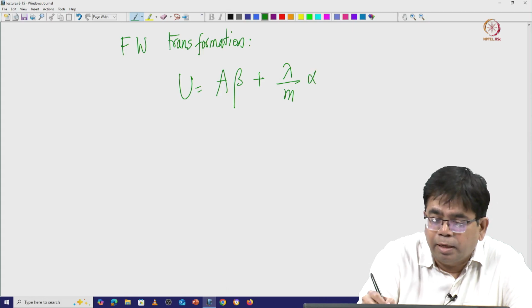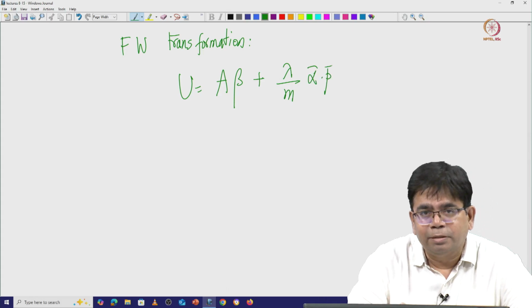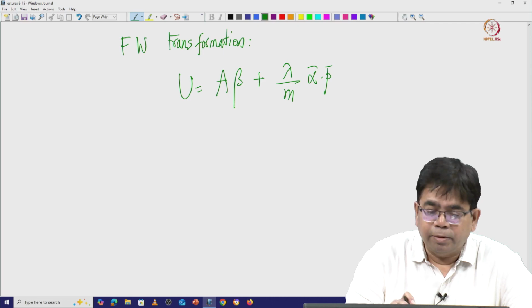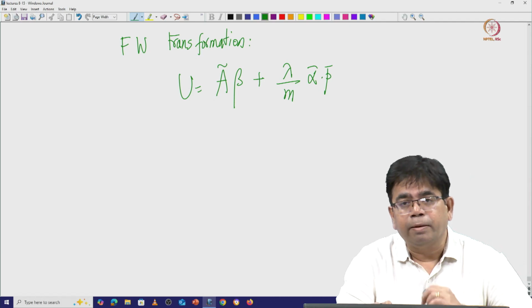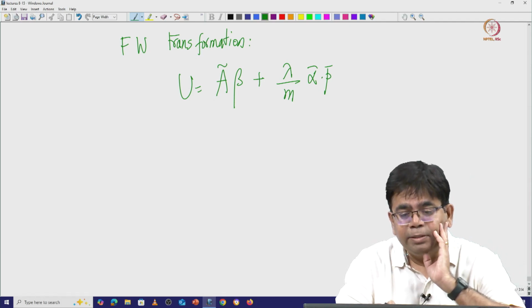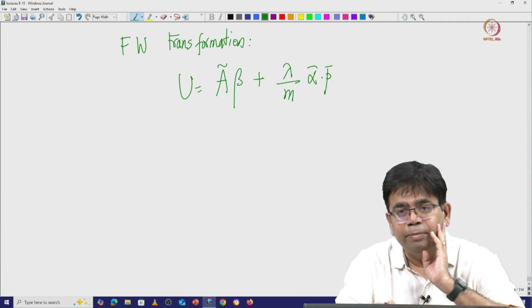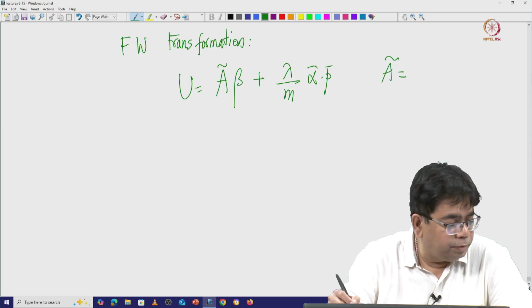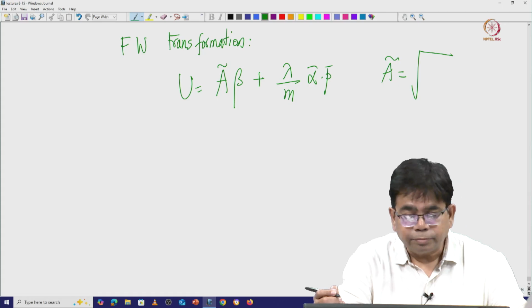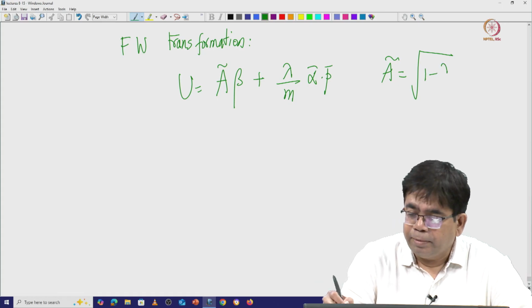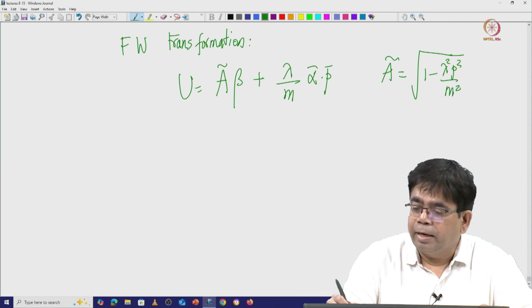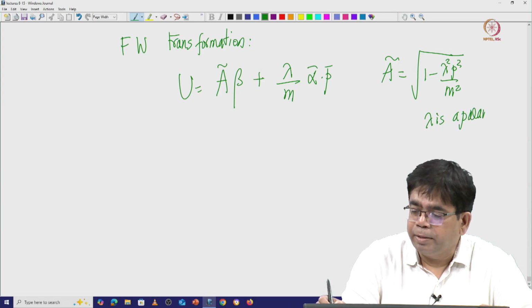Here A tilde is the square root of 1 minus lambda square p square by m square, and lambda is a parameter which you choose later on.